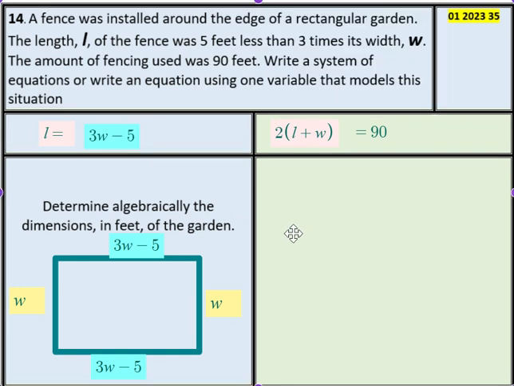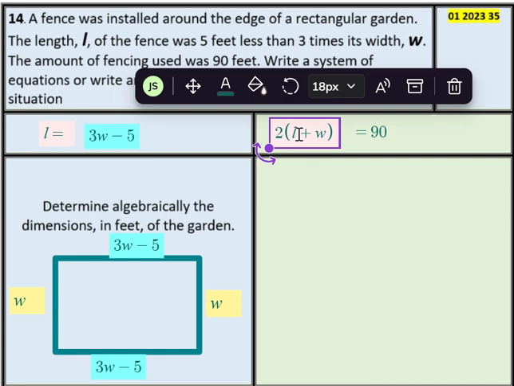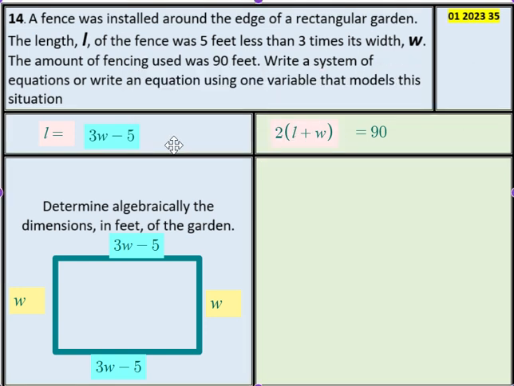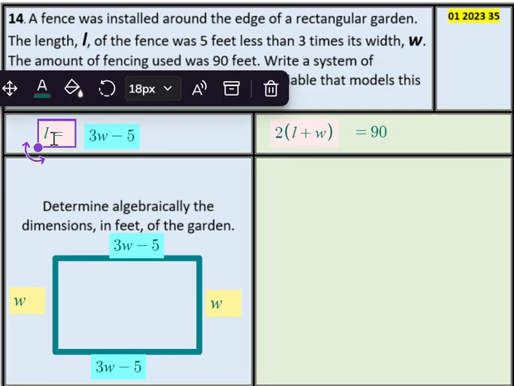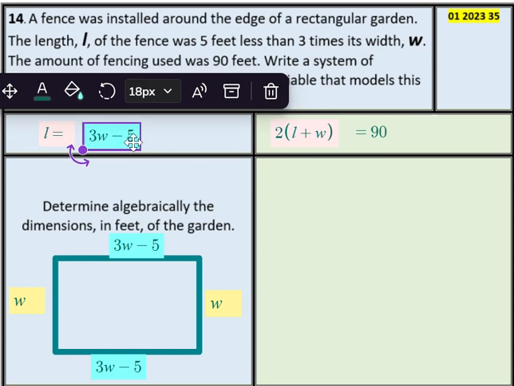So anytime you have a system of equations with two variables, you can never solve for both variables at the same time. So when I look at this equation where it says 2 times (L plus W), I really want to get rid of one of these. But I have an equation over here that says L is really 3W minus 5.